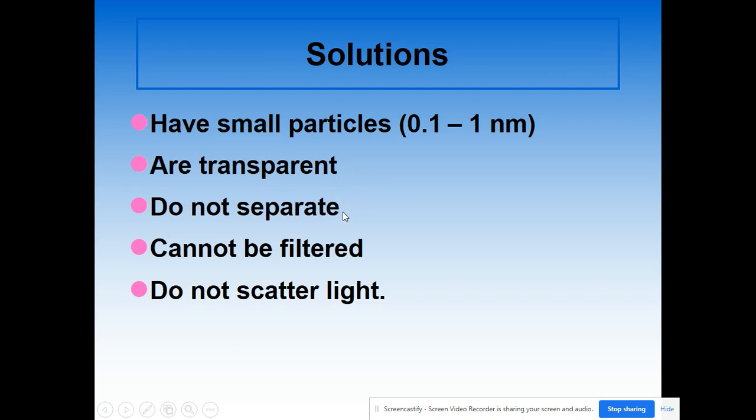Think about if you get vitamin water at the cafeteria, it doesn't separate after a while. It stays in solution. And this also means it cannot be filtered. Another thing we see with solutions is they do not scatter light. And we'll go over exactly what that looks like so you guys can see what that means.